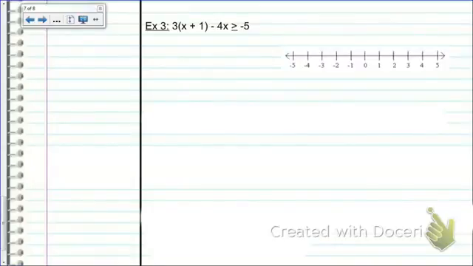Elizabeth, what would you do first? I would distribute. Yes, we would distribute the 3. So, ladies and gentlemen, let's distribute the 3. And on the left, that's going to give me 3x plus what? 3. Good job. Minus 4x is greater than or equal to negative 5.